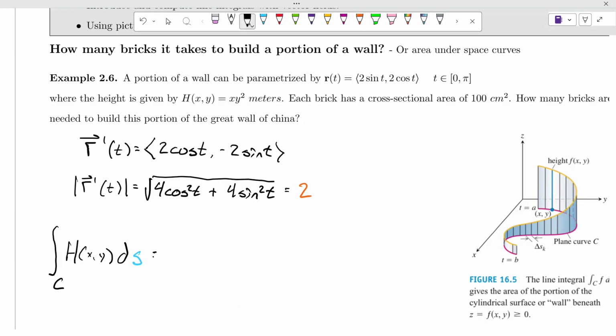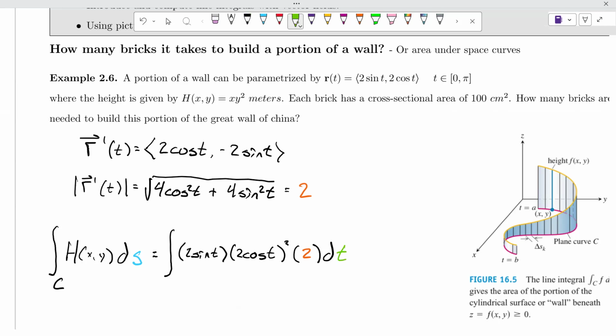So now that I've got the magnitude of my tangent vector, I'm ready to start plugging some stuff in. So my height function, it's x times y squared, which looks like it's going to be 2 sine t times 2 cosine t, that bit squared, multiplied by the magnitude of the tangent vector, which we got to be 2 dt.